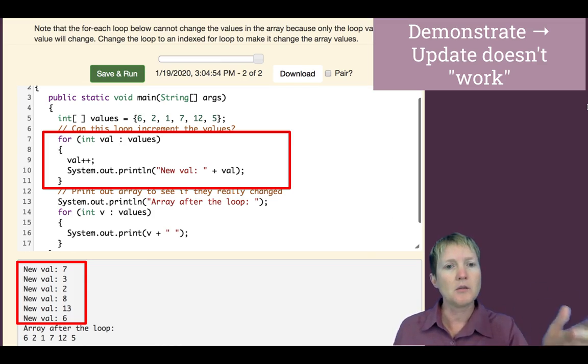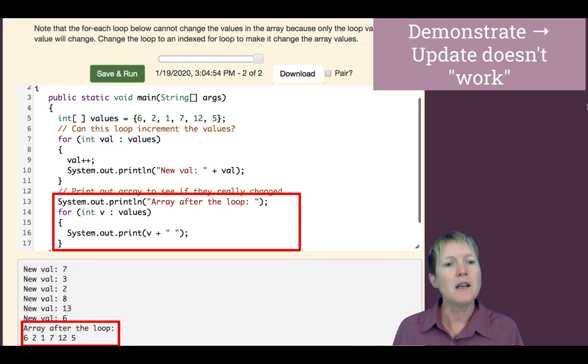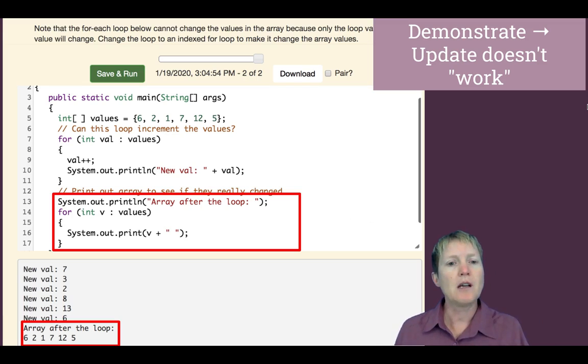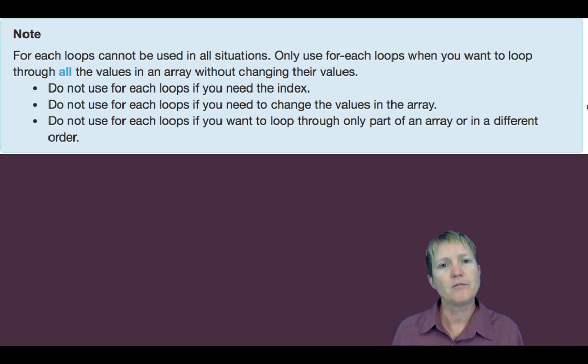You see that the original one was 6, 2, 1, 7, 12, 5. Now it's 7, 3, 2, 8, 13, 6. Added 1 to each. But if we then loop, using the same for each loop, you could use a for loop as well, and print out the values in values after that, you'll see they didn't change. And see, that is why kids don't like it, because that just doesn't make sense to them. It's fine.